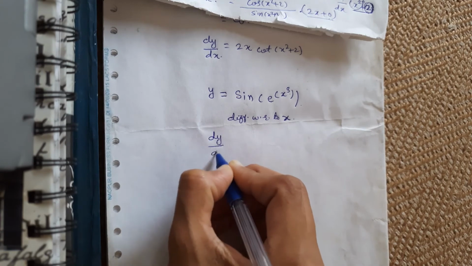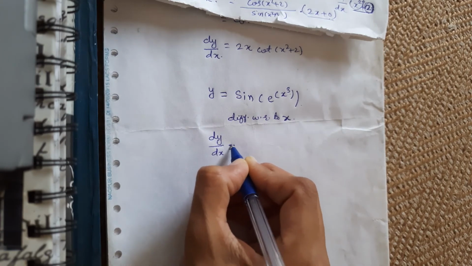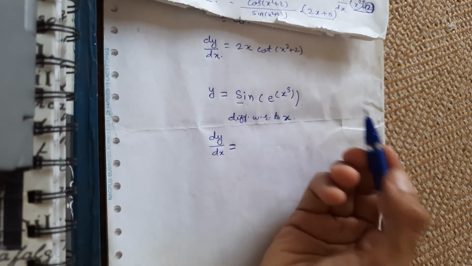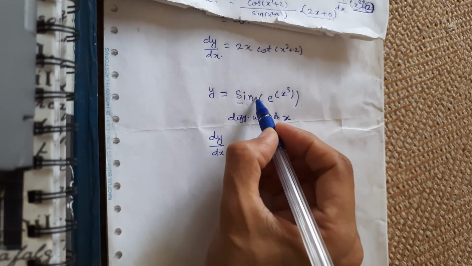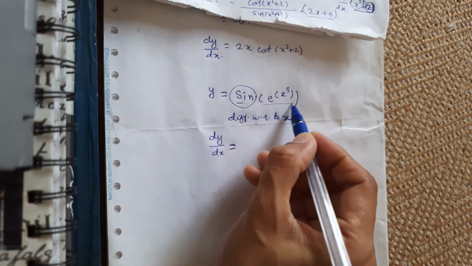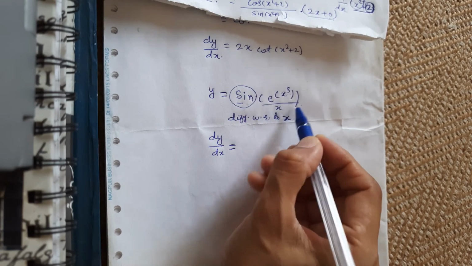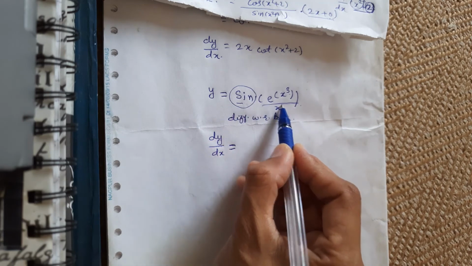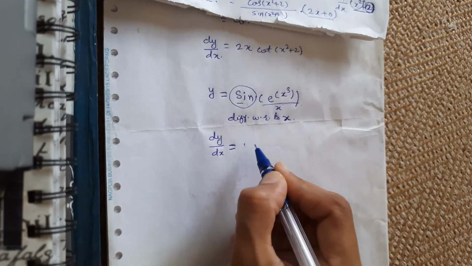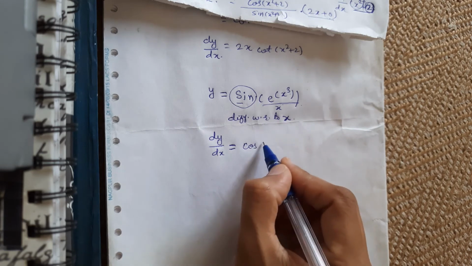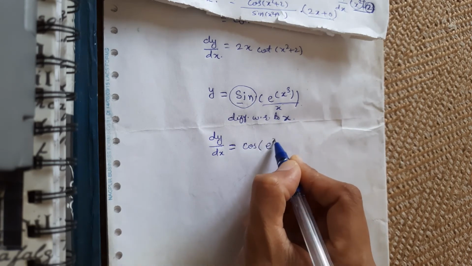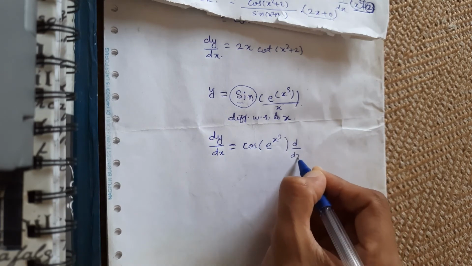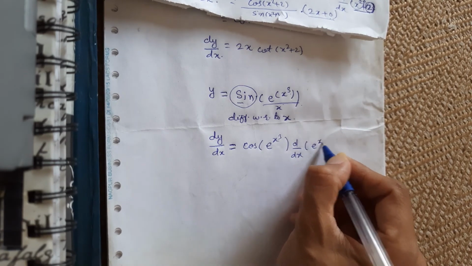So dy by dx equal to, first of all, what is my outer function? Outer function is sine, and consider this as my x. So outer function is sin x. Derivative of sin x is cos x, and my x is nothing but e to the power x cube, into derivative of the inner function e to the power x cube.